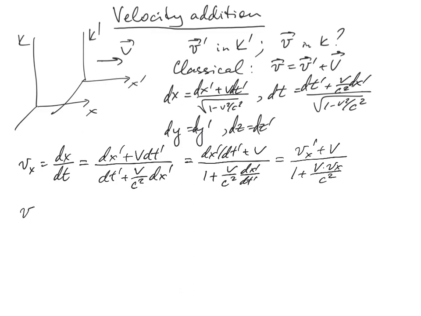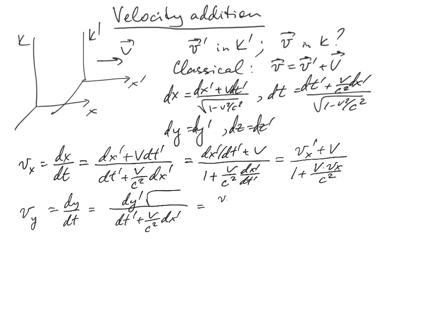Now similarly for vy, it's dy by dt. So substitute dy prime times the square root that comes from the denominator. And here I have dt prime plus v over c squared dx prime. Again, divide by dt prime.